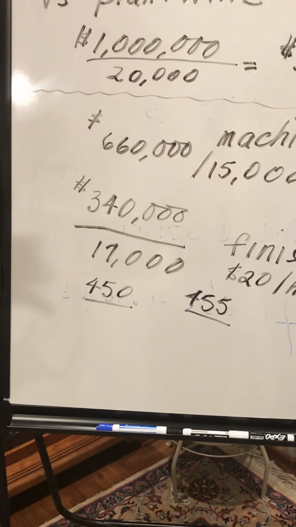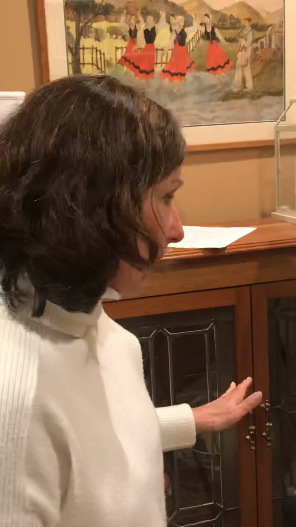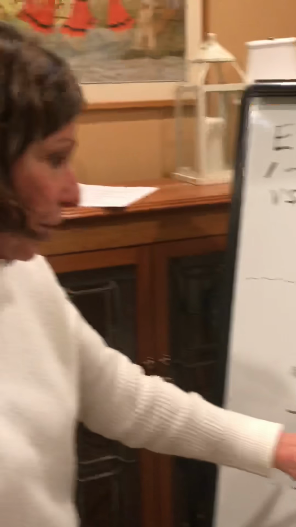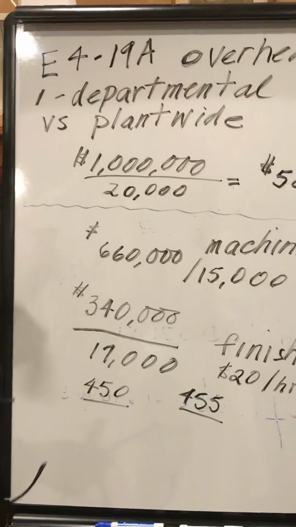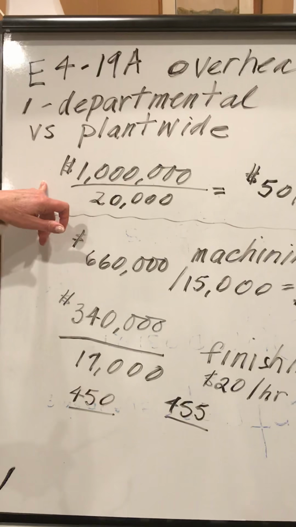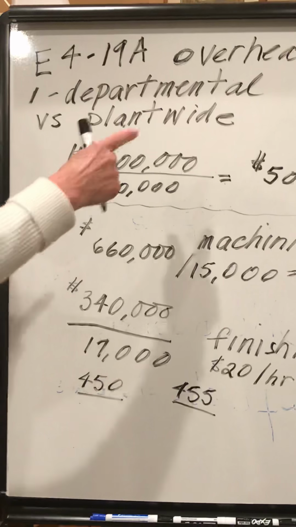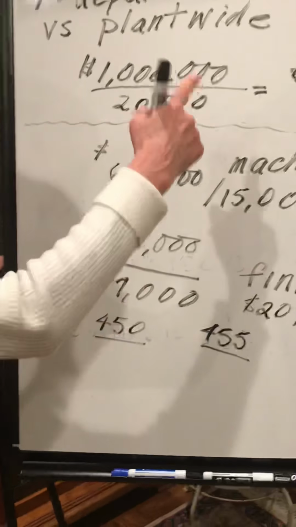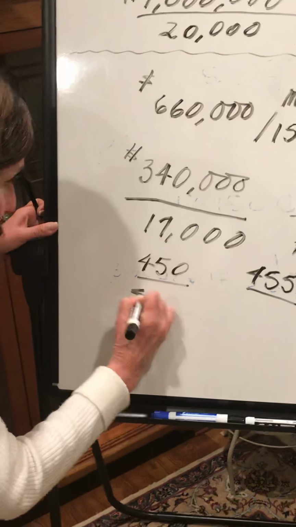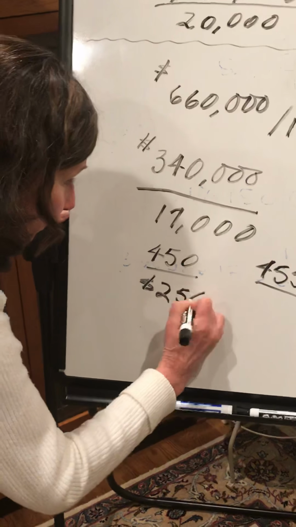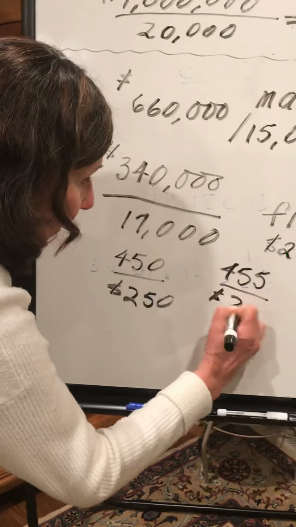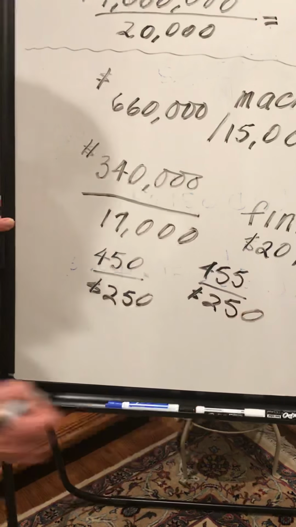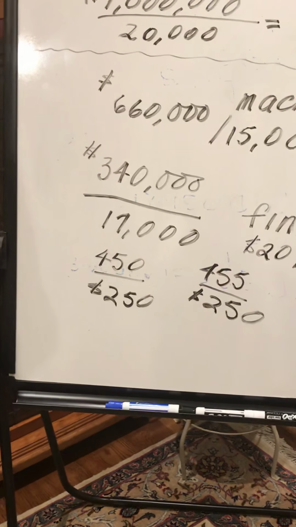Now we don't know if that's labor in the machining department or finishing department, but it doesn't matter, because if we were going to do a plant-wide rate, we would simply say 5 times $50 an hour, $250. That would be the cost of those two jobs. Same cost.